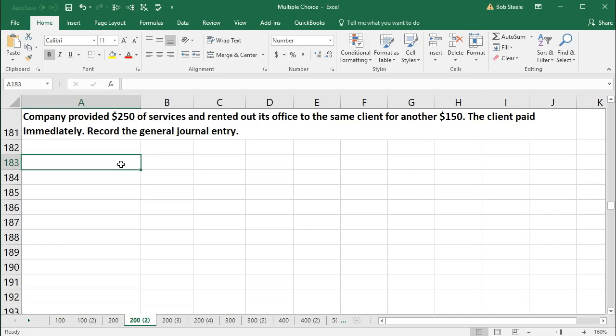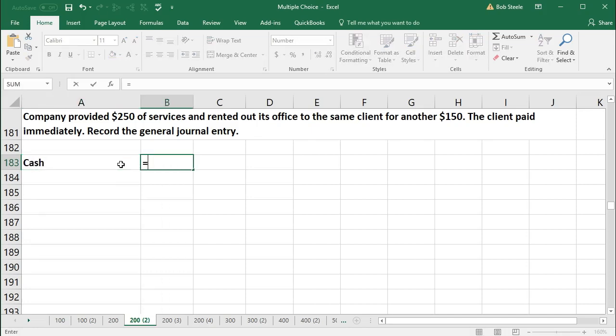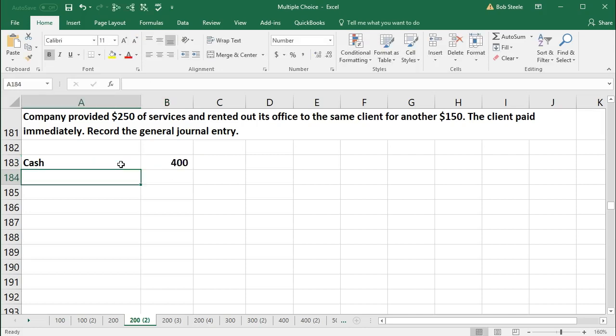So in this case, is cash affected? We're going to say yes, we received cash. So I'm going to say cash is increasing, and it's going to increase by the 250 plus the 150. We're going to have then revenue. Now, there could be one revenue account, but most likely they're going to break out the revenue into something like service revenue. And it might be called fees earned revenue.